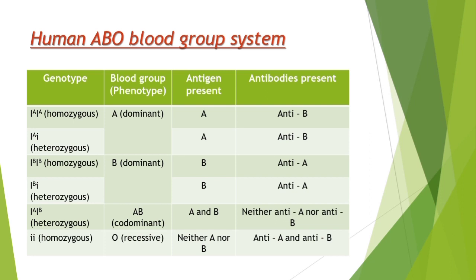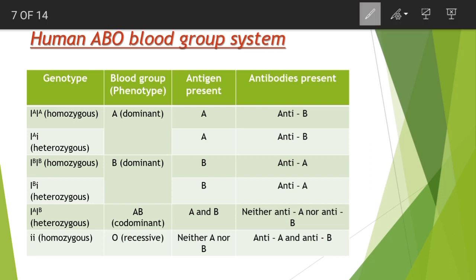So now let's talk about the human blood group system. There are basically four types of phenotypes present, that is A, B, AB and O, where we have said that A is dominant in nature, B is also dominant in nature.